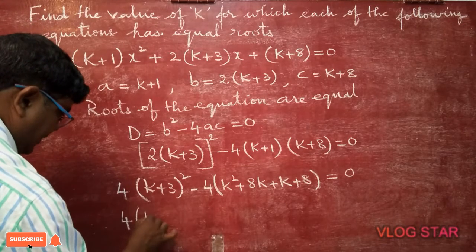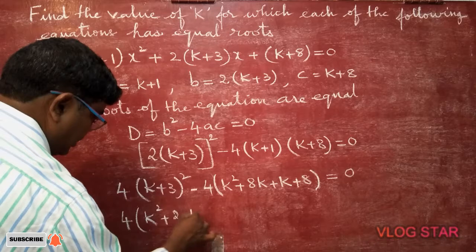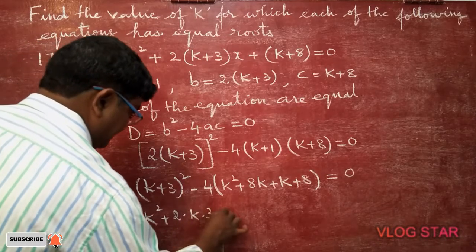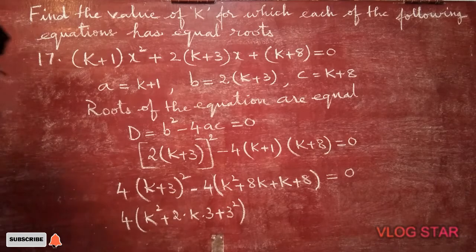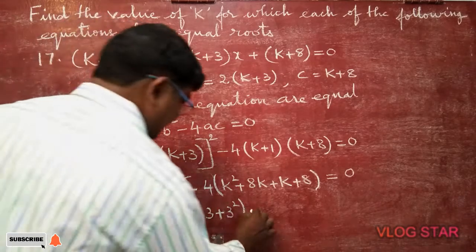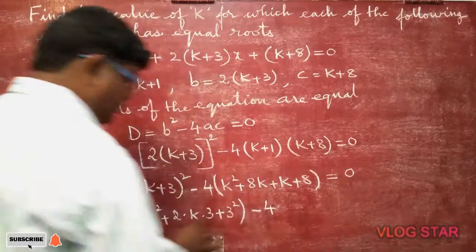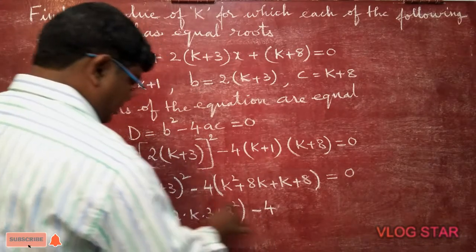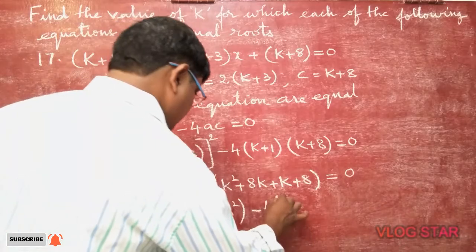So a square plus 2ab plus b square, this is the first term, minus 4 into, and you can multiply with minus 4, otherwise first you simplify.